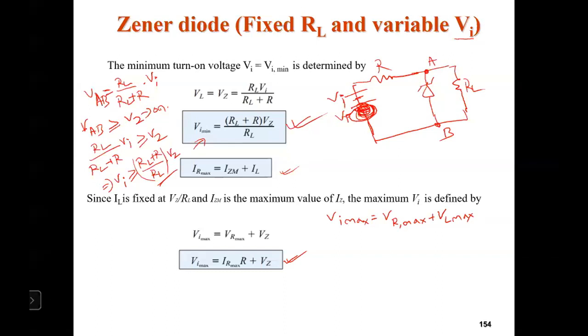The maximum input voltage for which the diode will be on equals the maximum voltage across this resistor R and the maximum voltage across this load RL. So that means VR max plus VL max. But tell me, according to this Zener diode configuration, VL max will be how much?